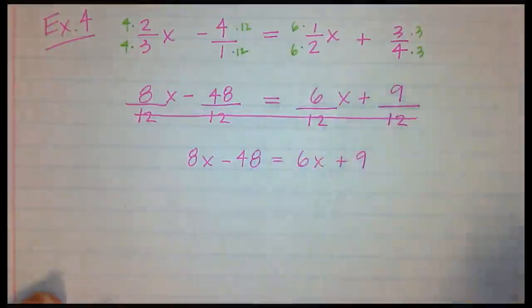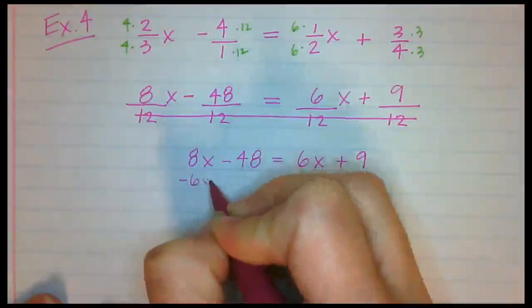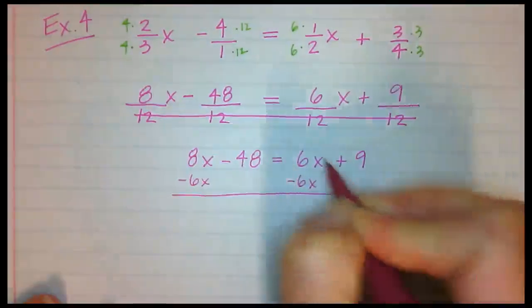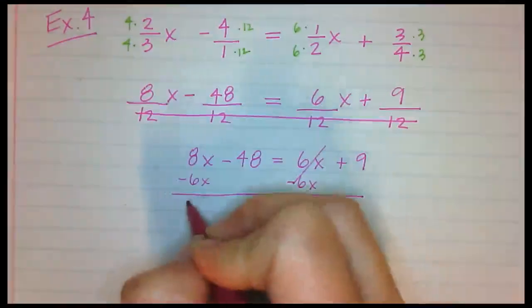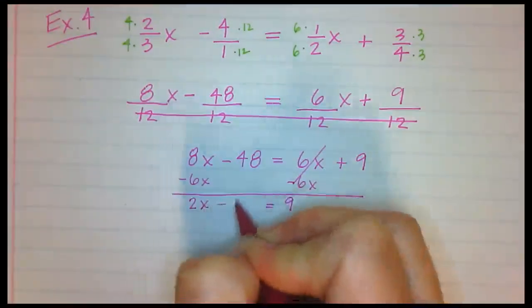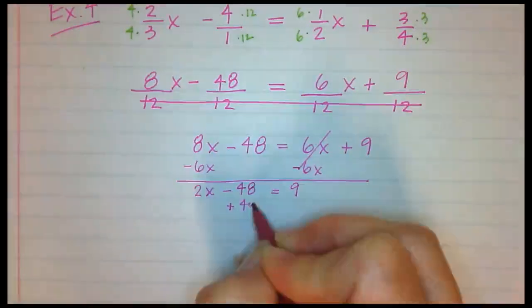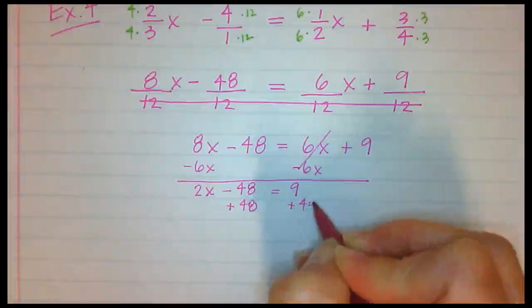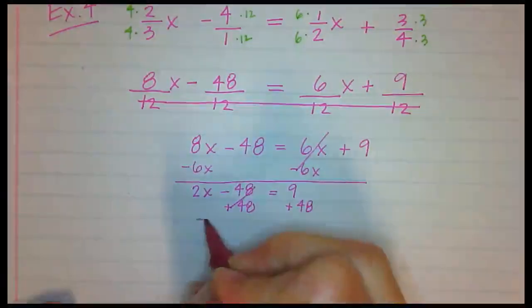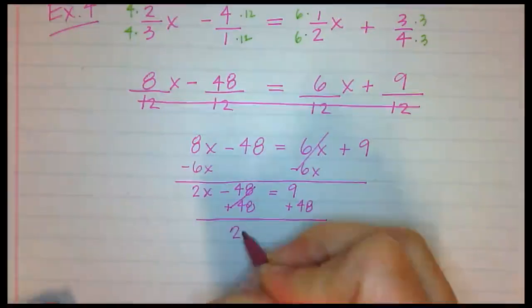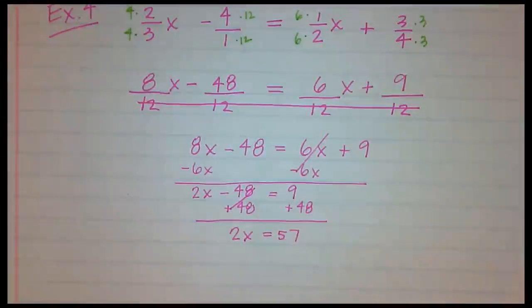So if we were to solve this, we would subtract 6x from both sides, which would cancel that and leave 9. On this side, we would get 2x minus 48. So add 48 to both sides, and that would cancel, and we would get 2x equals 57.